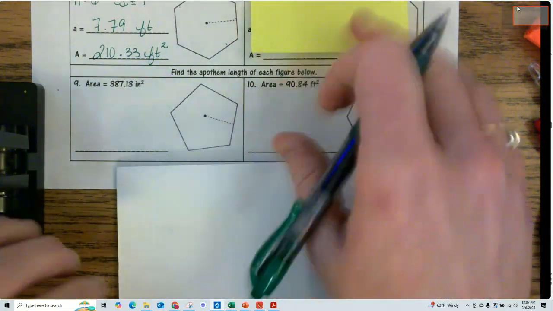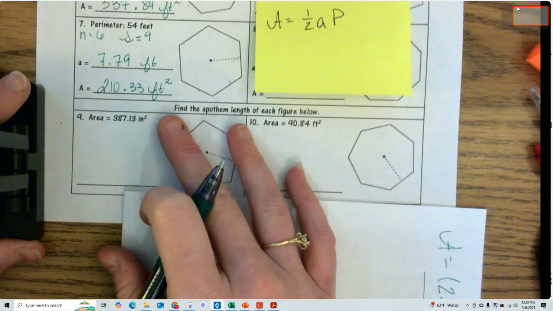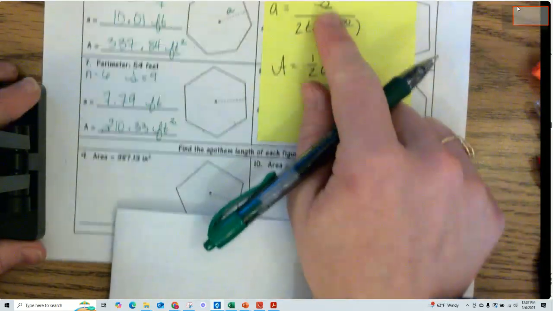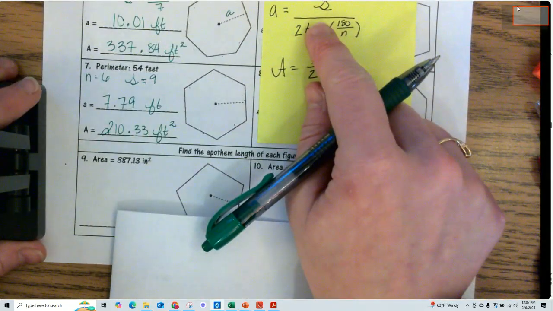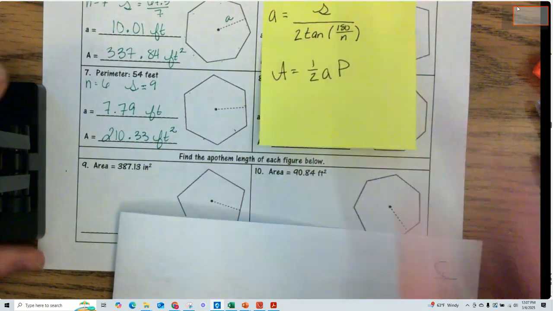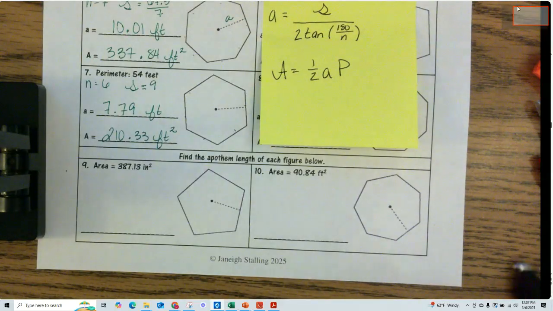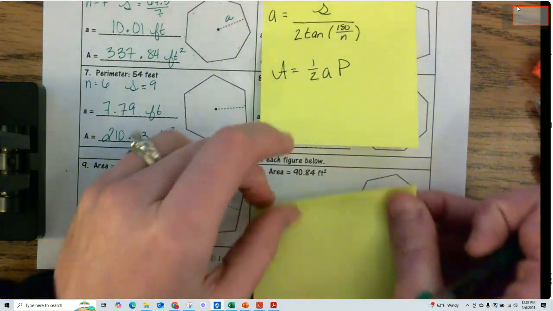So we're still going to use this formula here for the apothem. Okay? Here's how this one works. So, yeah, if you want to do one more here.